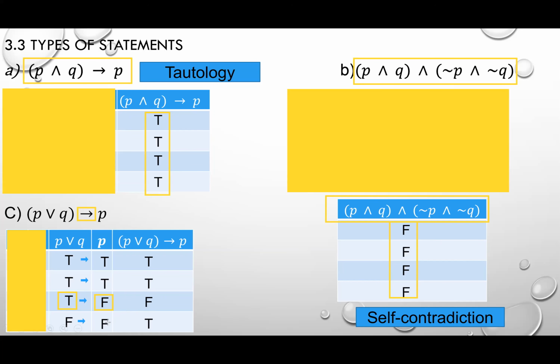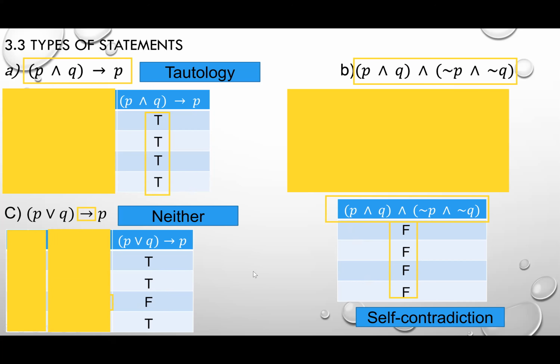So if you look at this item, once you block it in, which is your final product, in order to determine if it's a tautology, self-contradiction, or neither, we just look at the final product. Do you see that in the final product here, we don't have all true, we don't have all false? If we have a mixture, then we say that it's neither a tautology nor a self-contradiction.